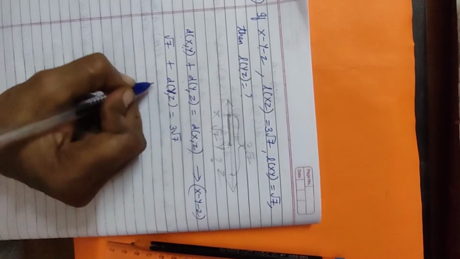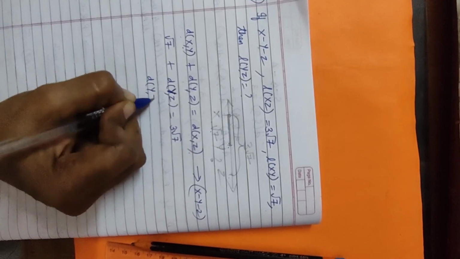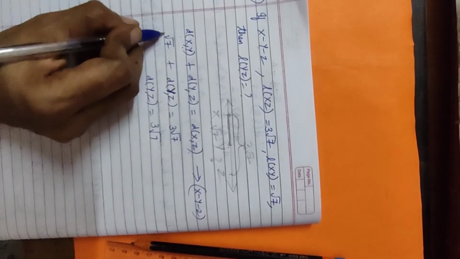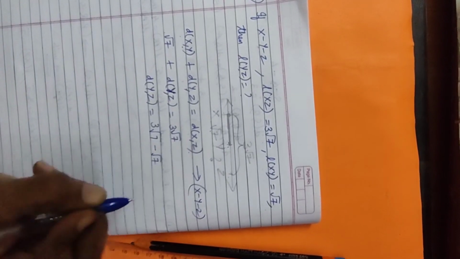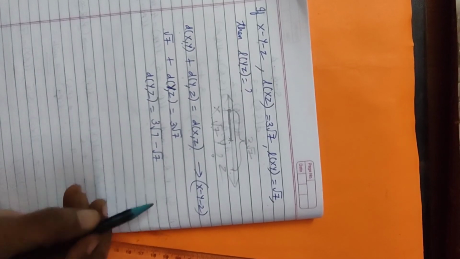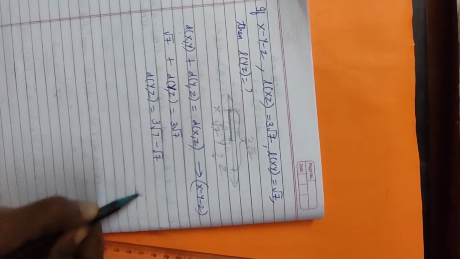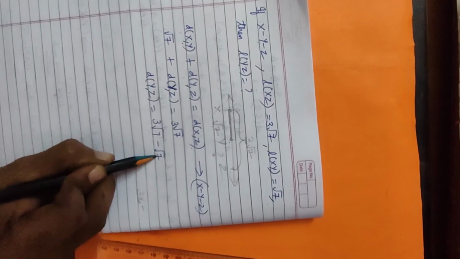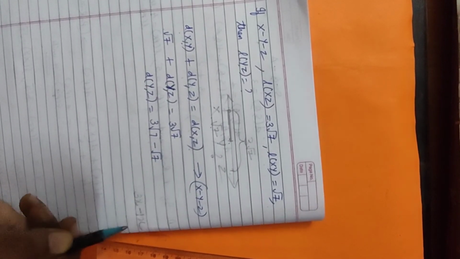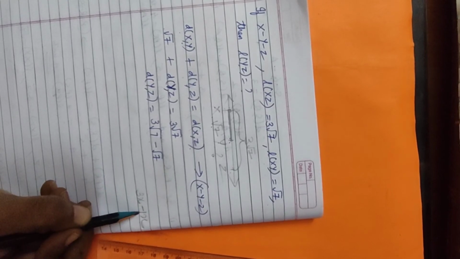Now let the distance of YZ be here. 3 root 7 here, minus this, plus root 7 comes here as minus root 7. I'll tell you how to solve this one. Consider root 7 as x. That means 3x minus x, where nothing is there, meaning 1 is there. So 3 minus 1 is how much? 2.